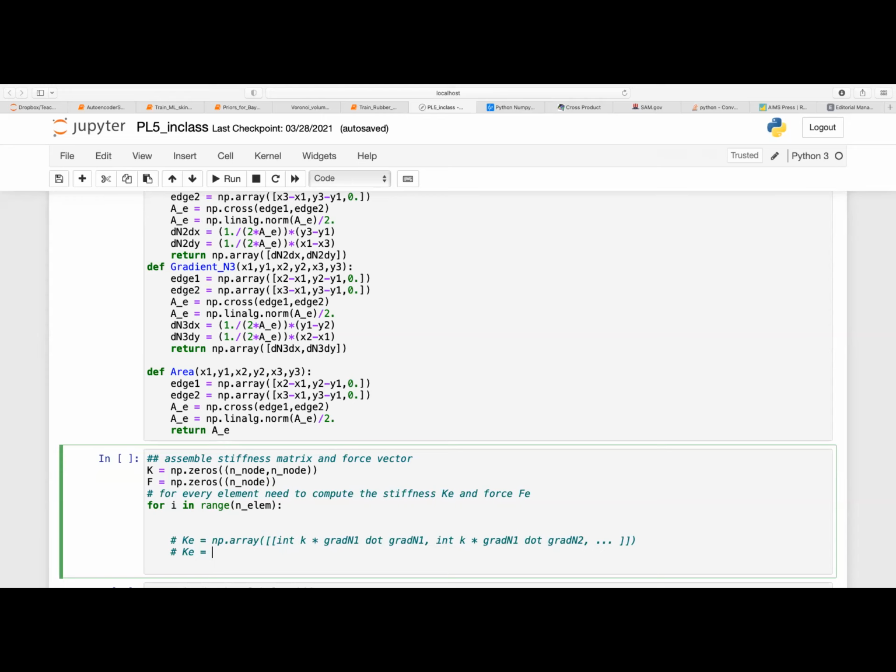And then the integral is just the area, right? So at the end of the day, this will just be the area of the element times K times an array that will only have the dot product of the gradients. So this one will just have gradient of n1 dot gradient of n1, then gradient of n1 dot gradient of n2, and so on.